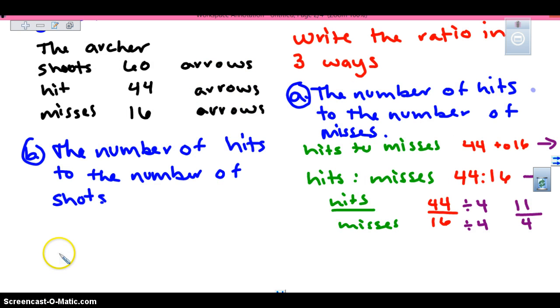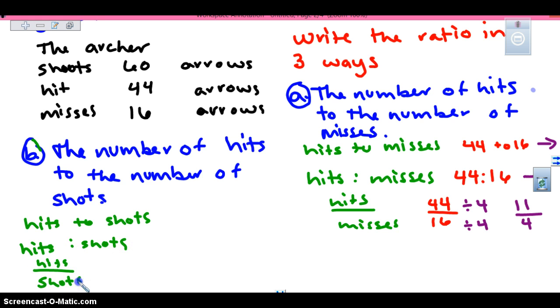We have to write in three ways the number of hits to shots, or hits to shots using a colon, or hits to shots using the fraction bar.